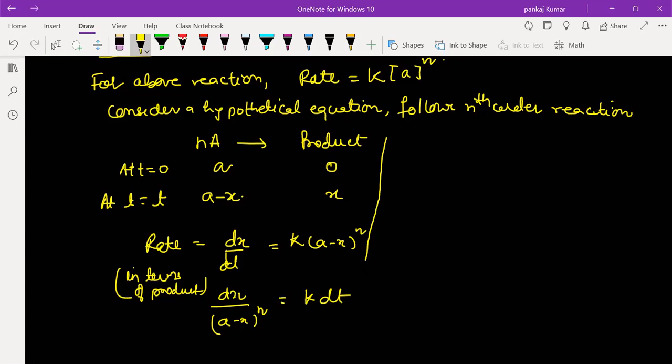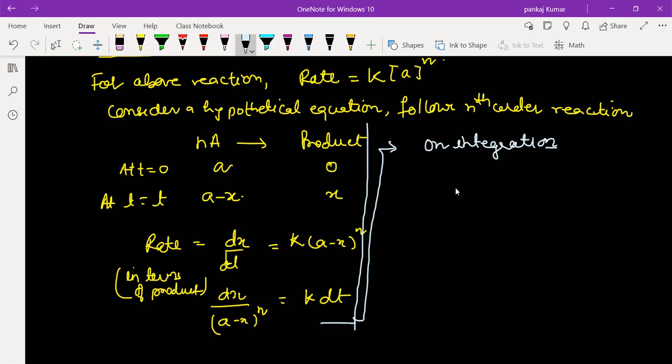Now, on integration, we can write here 1 by n minus 1, and this becomes a minus x to the power n minus 1. And that is equal to kt plus c.